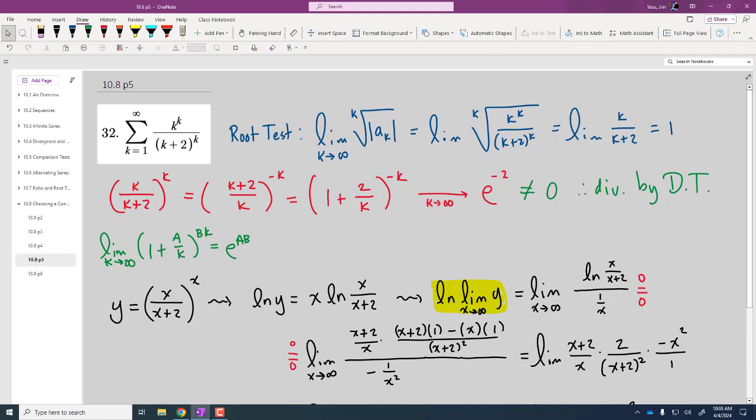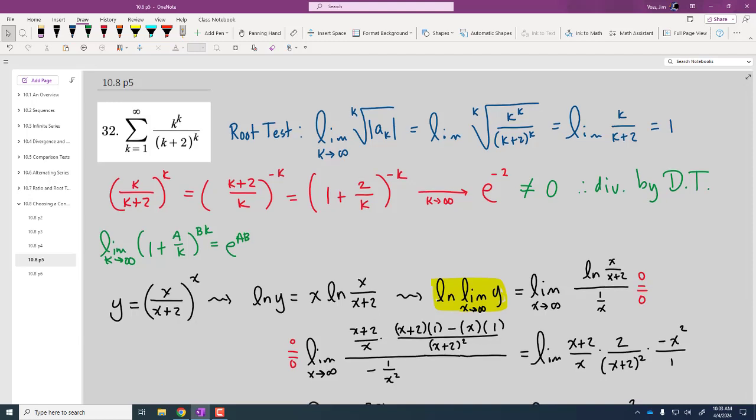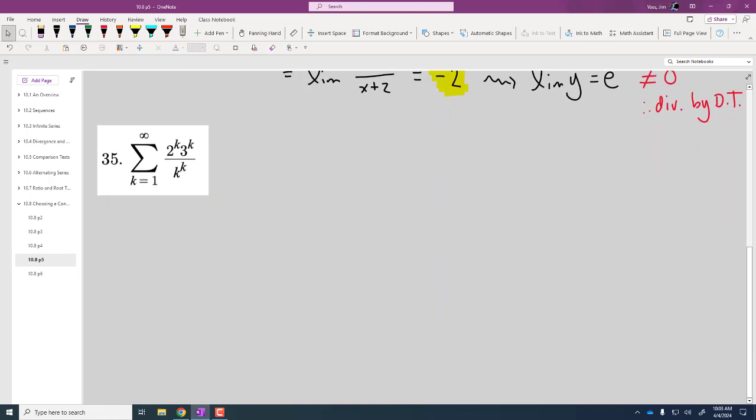But when you see those powers of k out there, supernatural instinct is let's try the root test. Because if the root test works, the root test is fast. Didn't work in that case. So we're in a very similar boat here. Power of k on the outside, let's go root. Makes perfect sense to give that a quick shot because it is so quick.